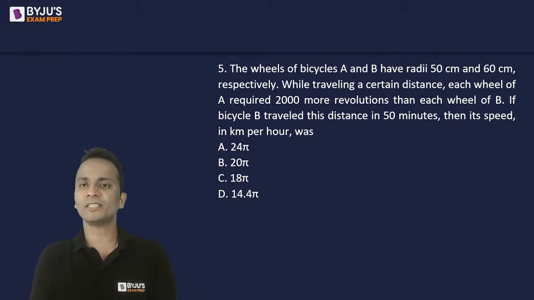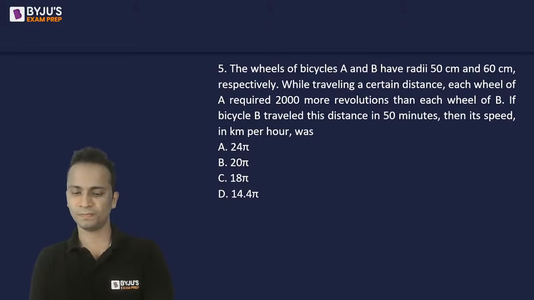While traveling a certain distance, each wheel of A required 2000 more revolutions than each wheel of B. If bicycle B traveled this distance in 50 minutes, then we have to find its speed in kilometer per hour.